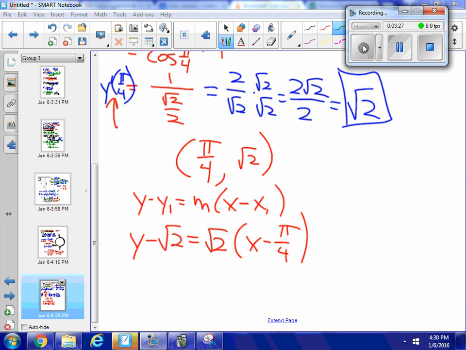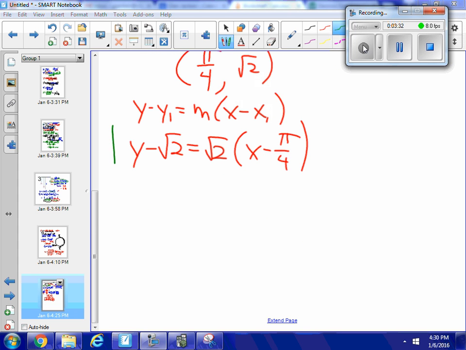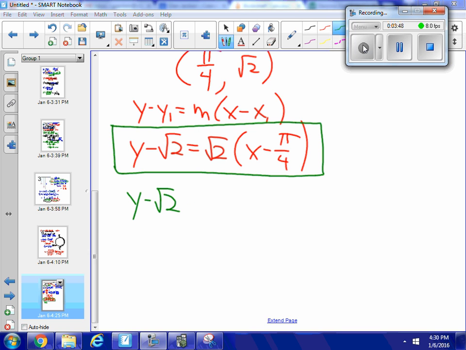In order to put this into my calculator so I can check my answer, this is a fine answer. This is in point slope form, right? One point, one slope. If I want to put it in slope intercept form, I'm going to have y minus radical 2 is equal to radical 2x minus radical 2 pi over 4, and I'm going to put that in parentheses.